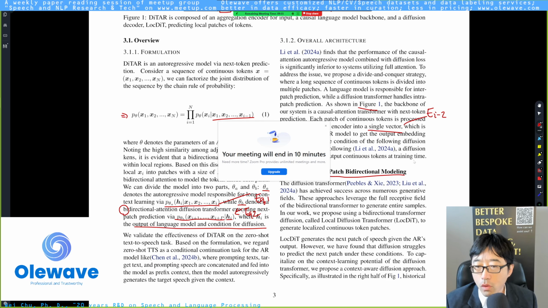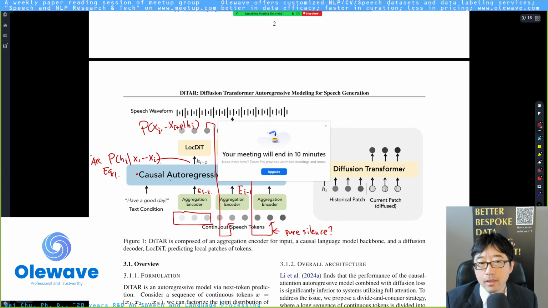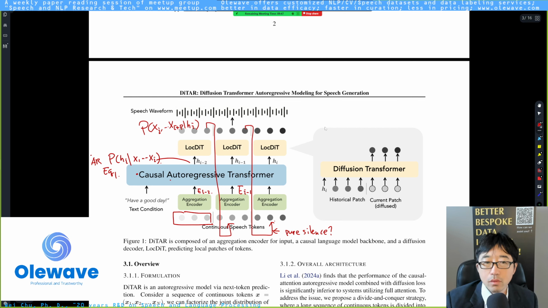It's called a local diffusion transformer, because you can see the transformer is no longer trying to generate all the speech, but only a patch of it, from i to i plus P, rather than from i to i plus T. T is the total supposed duration of the speech.